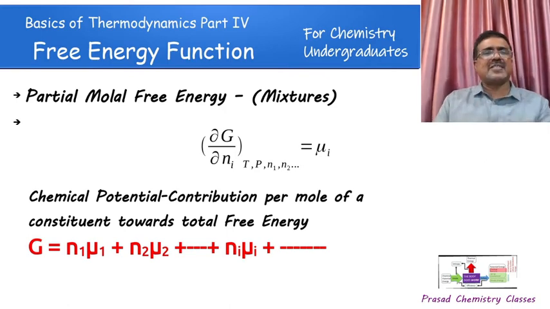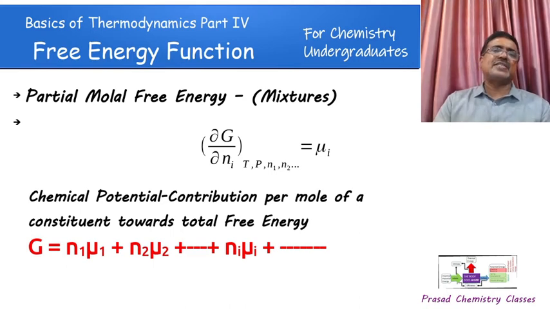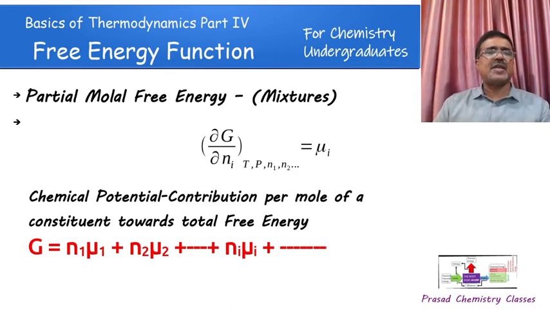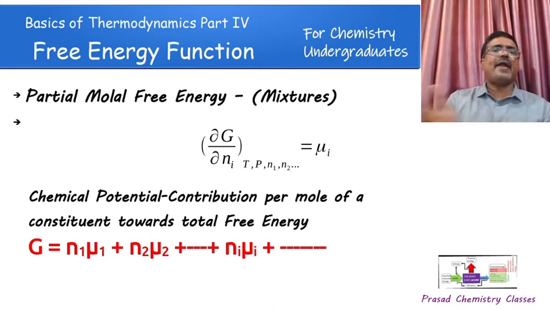And for obtaining this expression we have rigorous mathematics, we need not know that. We can simply take that definition. Okay, that is it. And we can also show easily that G, the total free energy of the system, is equal to N1 mu1 plus N2 mu2 plus etc., Ni mu i plus etc. So mu is the contribution towards the total free energy per mole of a component, and we add all of them together.